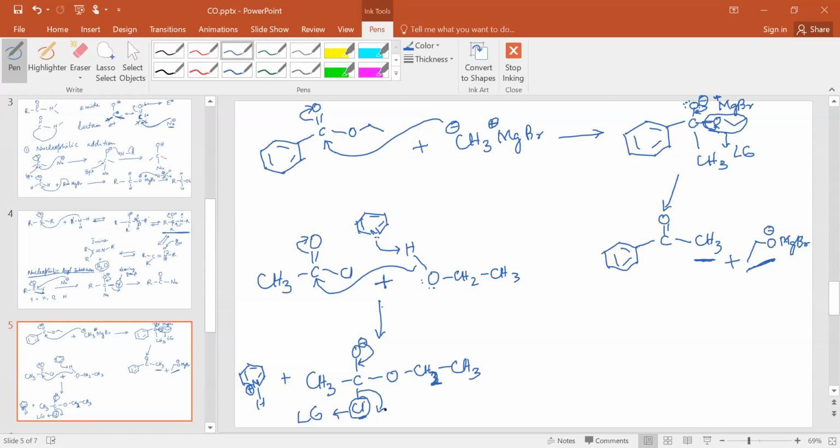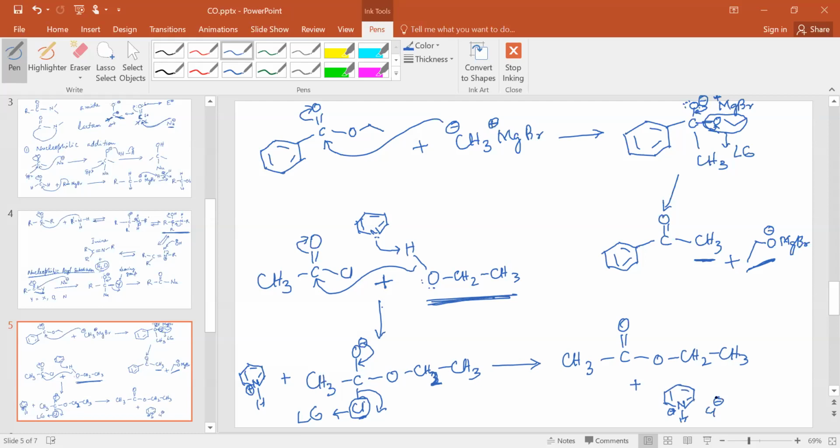So what will the product be? CH3COOCH2CH3, an ester. The ethyl group from ethanol substituted the chloride, and the chlorine goes with pyridinium as pyridinium chloride, a counter ion.